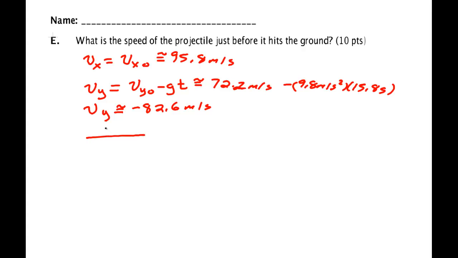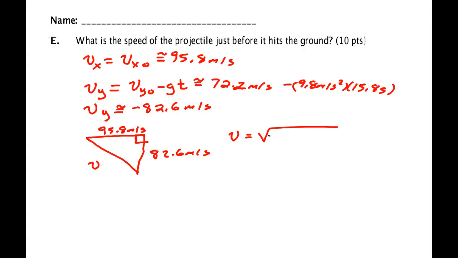So we've got 95.8 meters per second in x. It has a y part of 82.6 meters per second, and I'm looking for the hypotenuse, and this of course is a right triangle, so I'm looking for v.